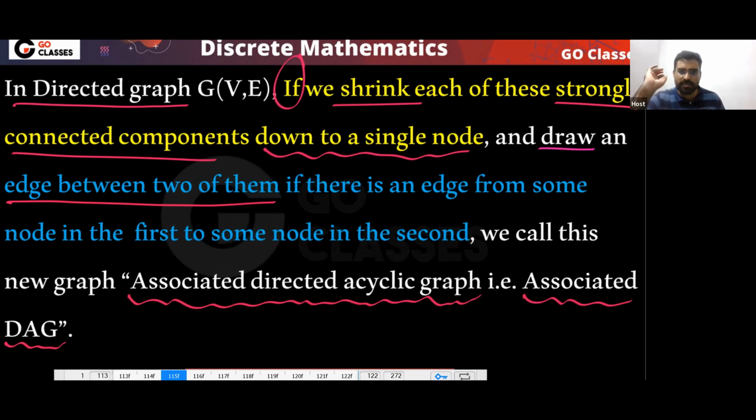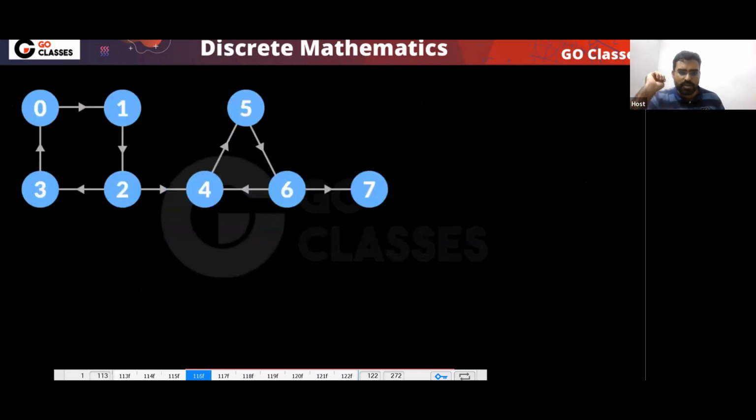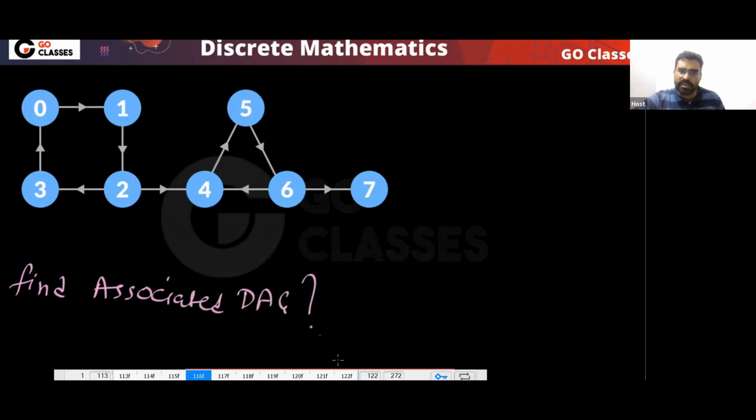Let's understand this concept. For this graph G, let's find the associated DAG. Very simple.